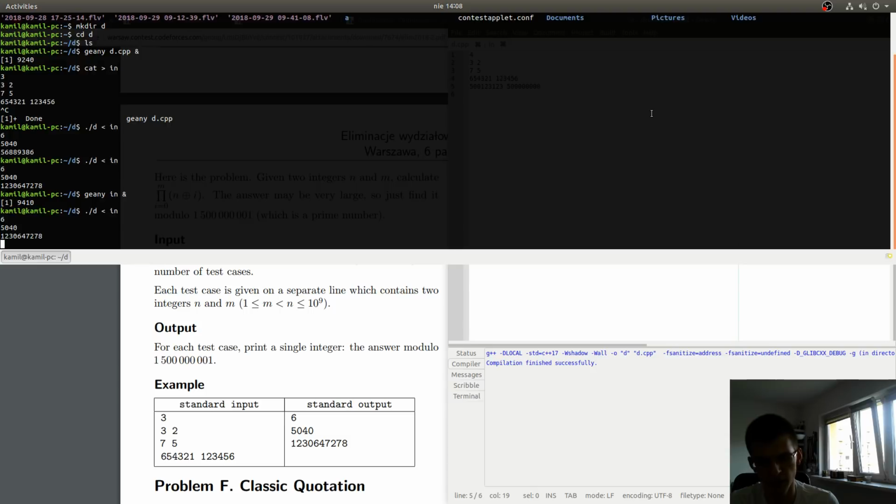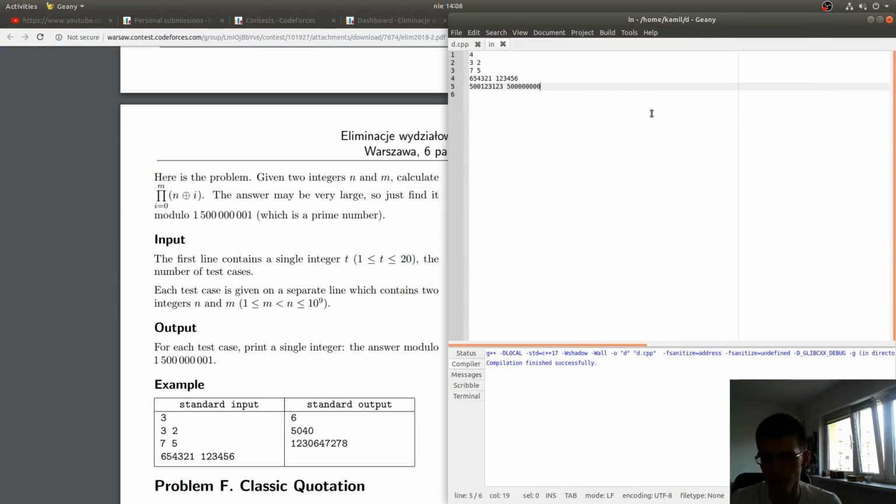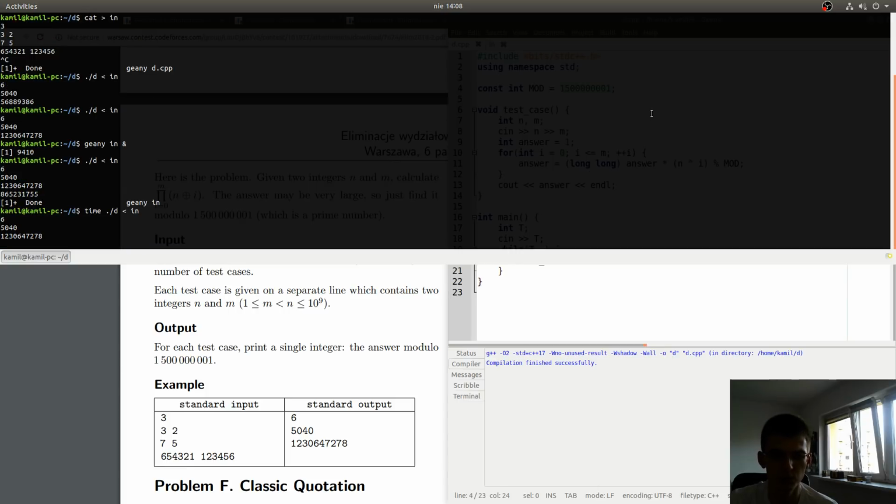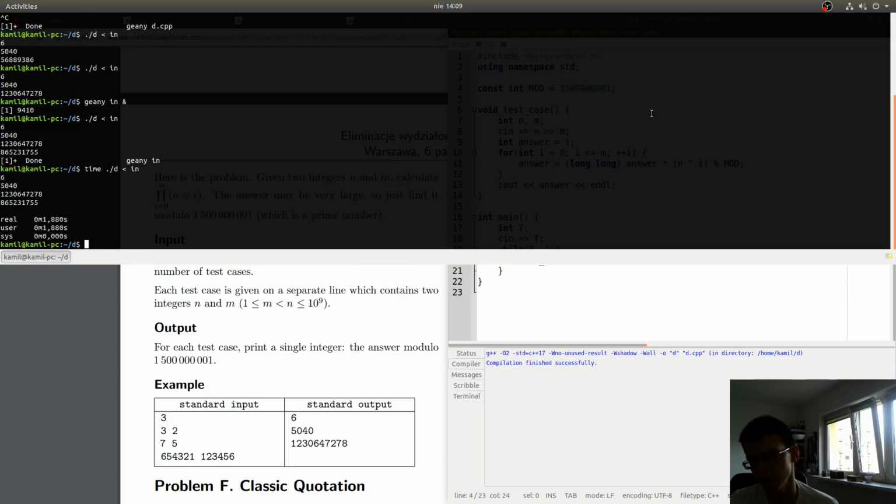So here we see that it takes a bit more time. Let's measure it. In Ubuntu you can measure it with the time function. If you use Windows, you should find the equivalent function in your system to be able to conveniently check that.